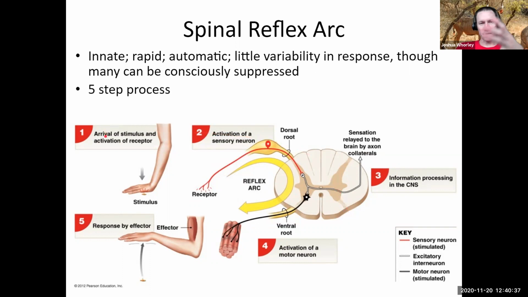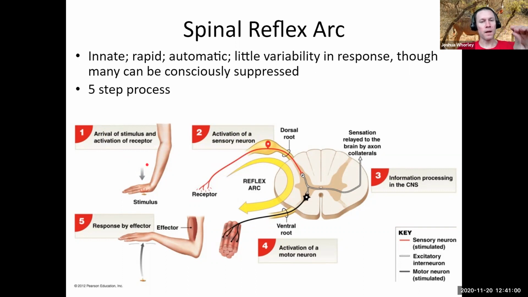So the steps in this process of a reflex arc. First, the stimulus arrives, and a receptor is activated. Now this receptor, sometimes we'll see that receptors are sensory neurons themselves. Those that have free nerve endings can actually be the receptor.